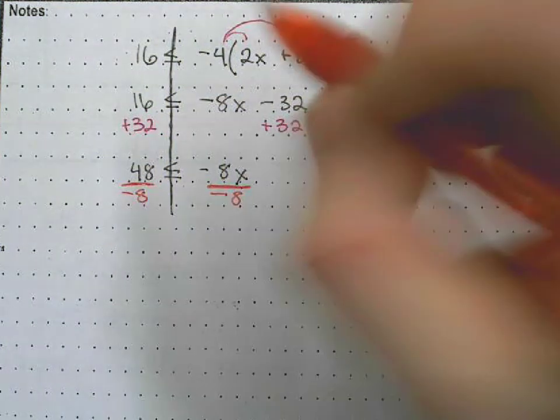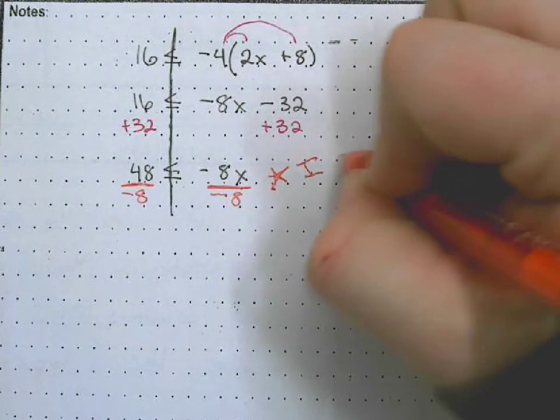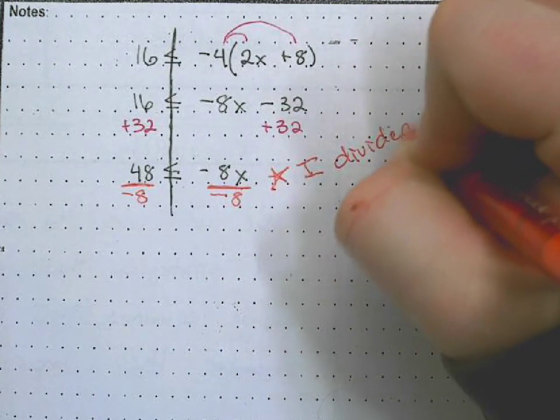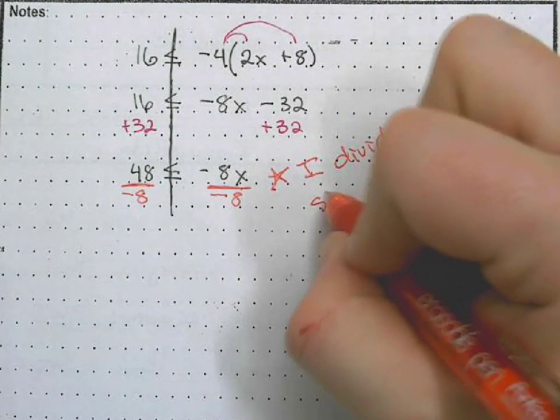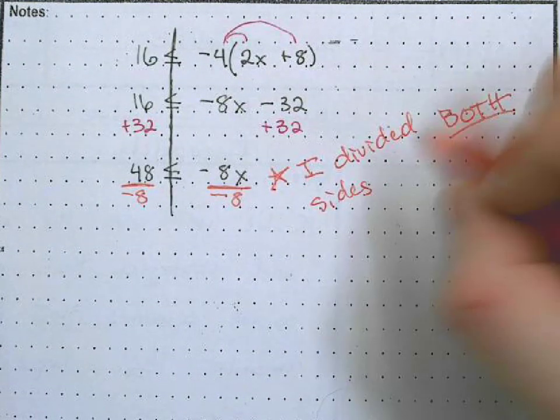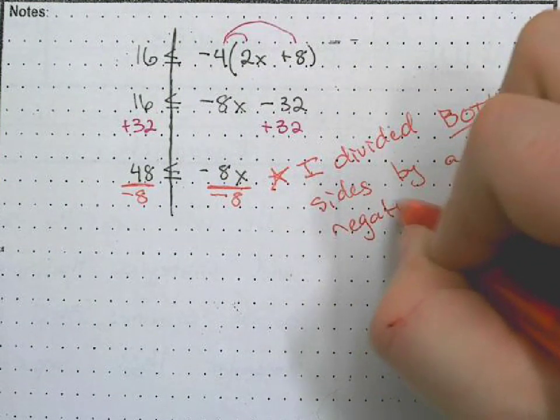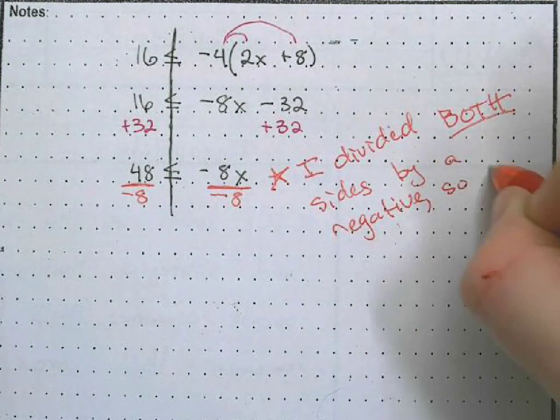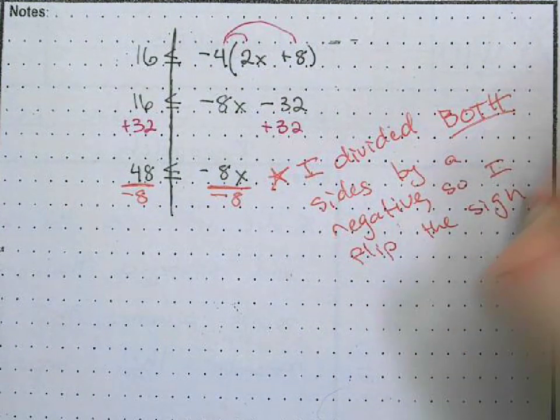Important idea number 1: I divided both sides by a negative, so I flip the sign.